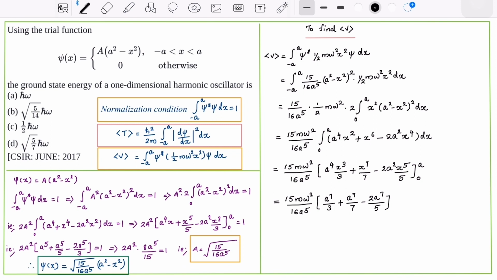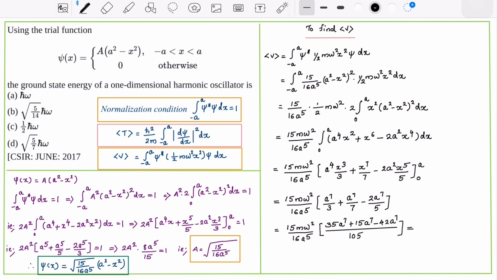This is equal to 15 m omega squared by 16a⁵ times (35a⁷ + 15a⁷ − 42a⁷) divided by 105.